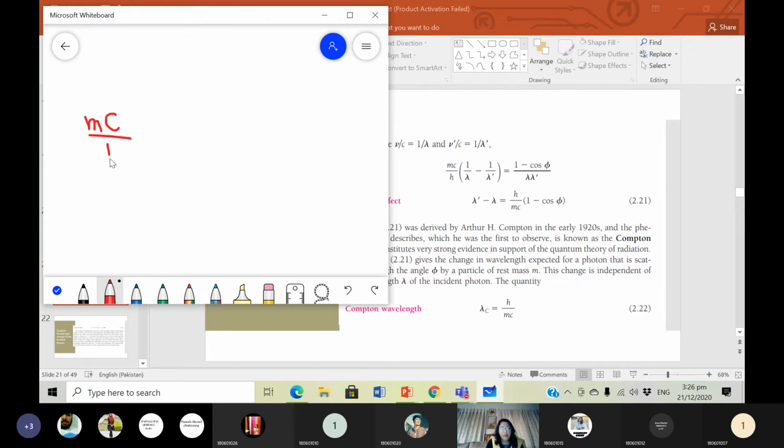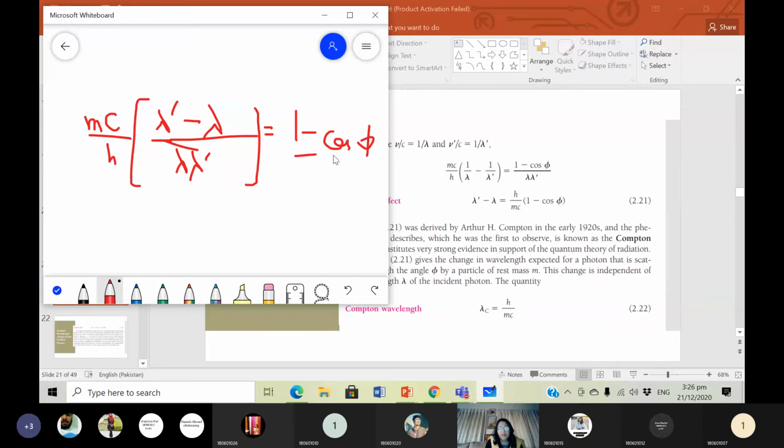Basically mc over h times, we can write this term as lambda dash minus lambda divided by lambda lambda dash, is equal to 1 minus cos phi divided by lambda into lambda dash.